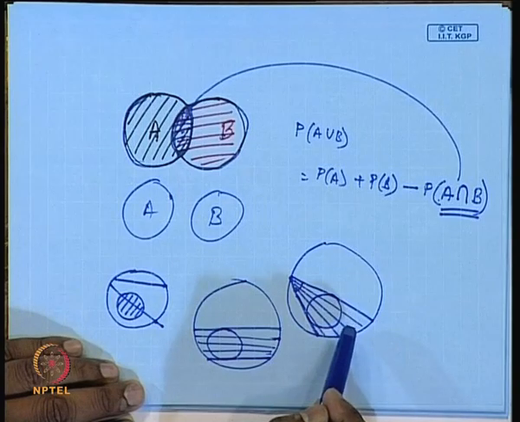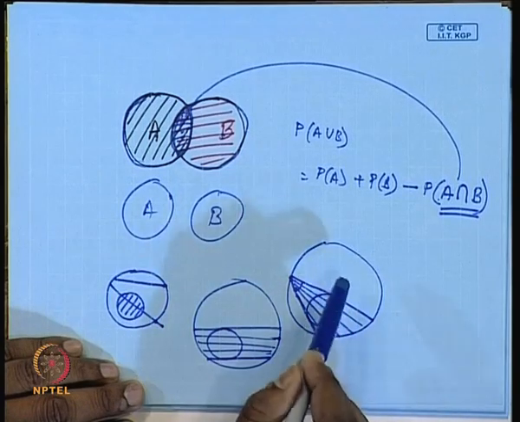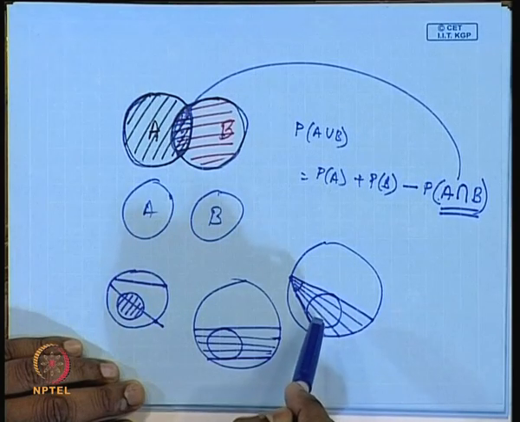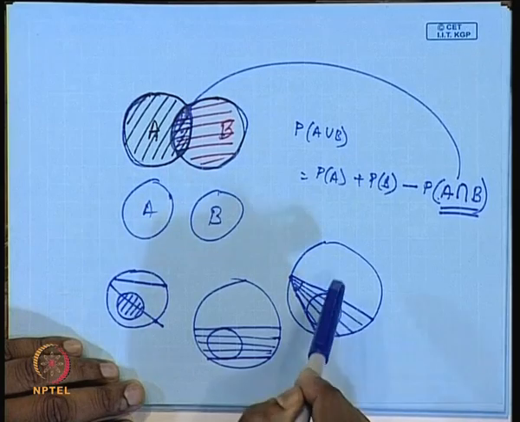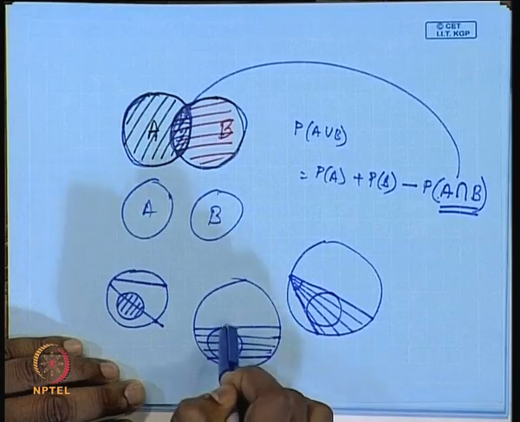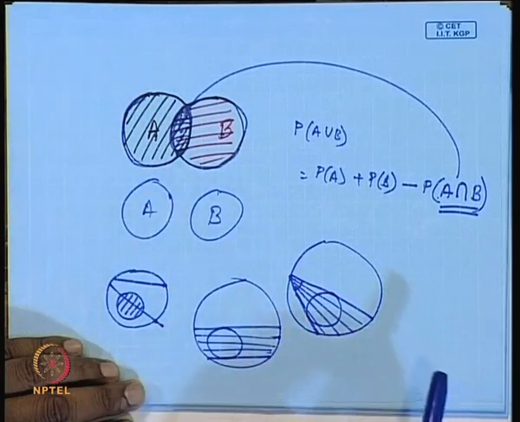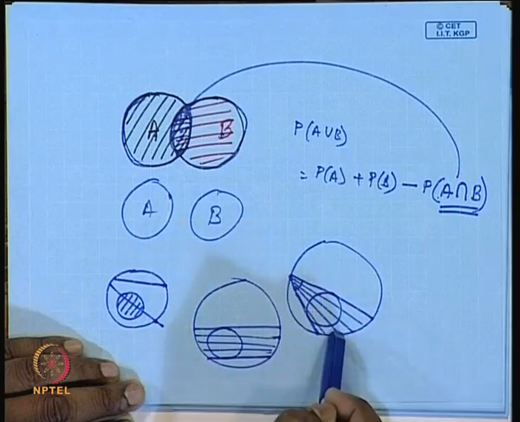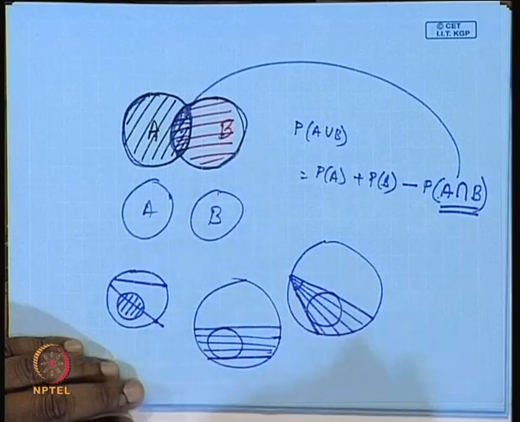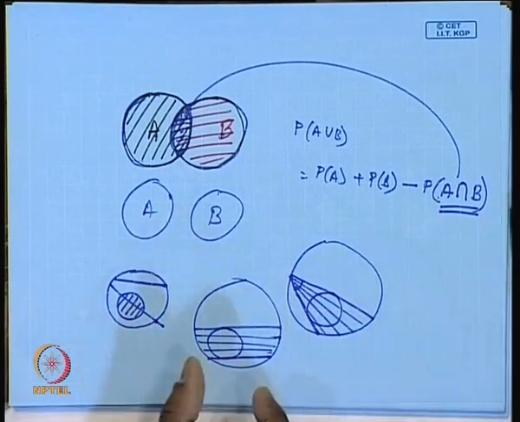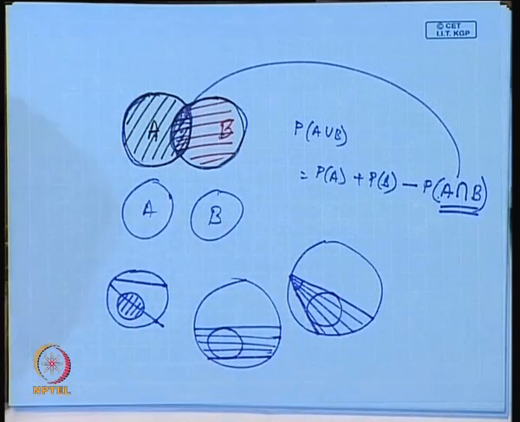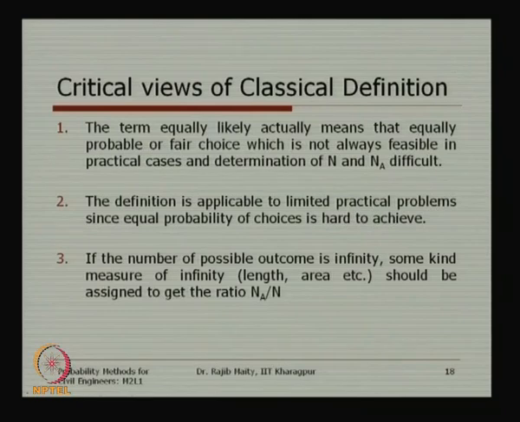When we compute the ratio of favorable to non-favorable cases, how the experiment is performed, and with respect to the experiment whether this or this one is more feasible, has to be justified first, and then the probability should be calculated. This is particularly the case when the possible outcomes are infinite. That kind of problem may arise.